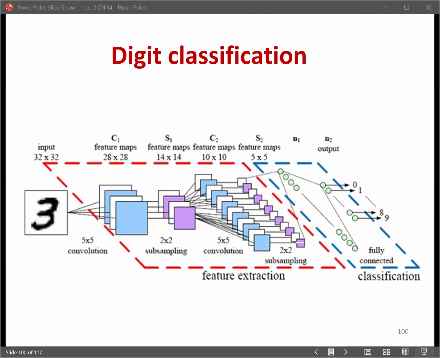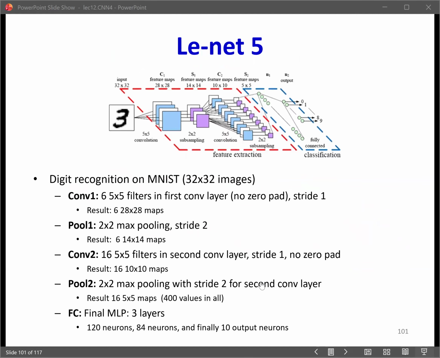Then again, max pooling with a stride of 2 brought it down to 5 cross 5. These were flattened and just put through an MLP. This was a very simple model, and this basically revolutionized machine learning, right? So this was LeNet 6, is it? Maybe I got the numbers wrong, but all the details of the original LeNet are on the slide.